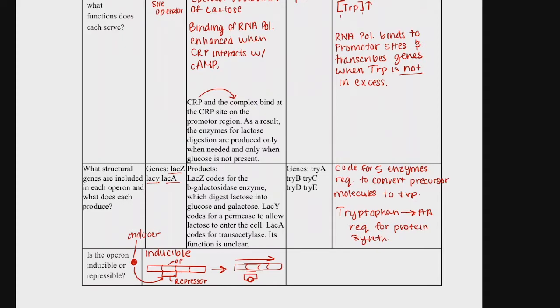Awesome. And then for the trp operon, this is repressible, which you can think about as the opposite. So the inducible one is always off because the repressor is there unless the repressor is taken off. With repressible, it's actually always open, and then a repressor has to come in on the operator site to make it so that genes are not expressed.